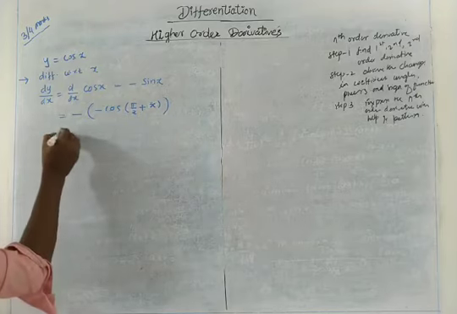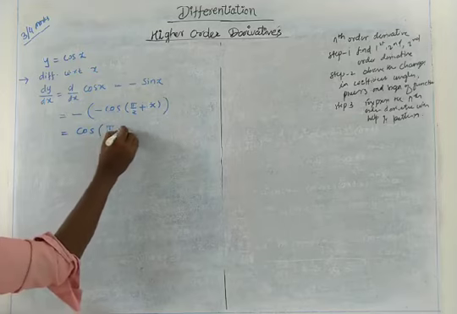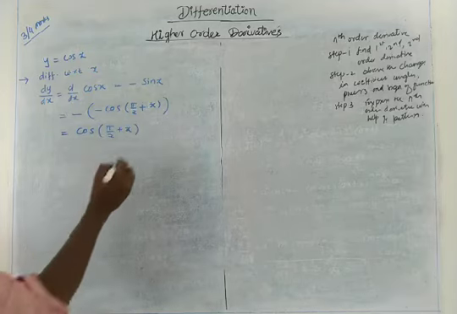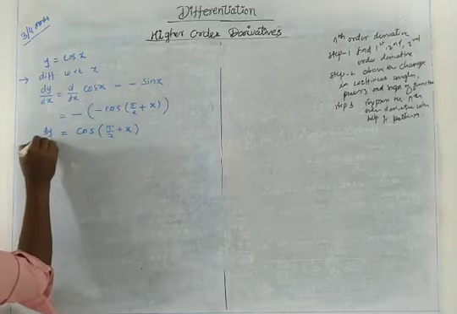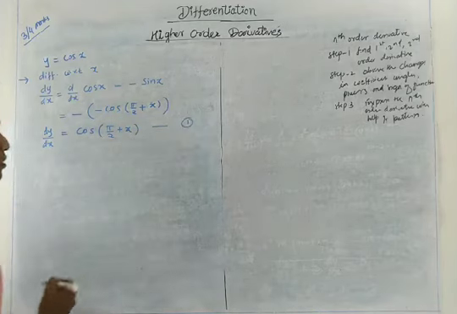Okay, so I will get cos of pi by 2 plus x as the value of dy by dx, equation number 1. Clear?